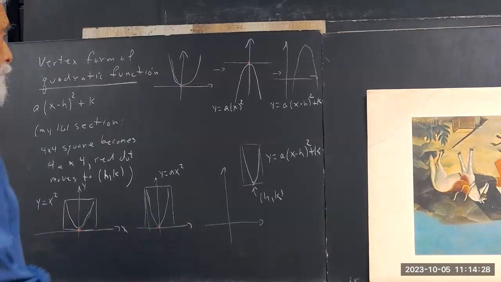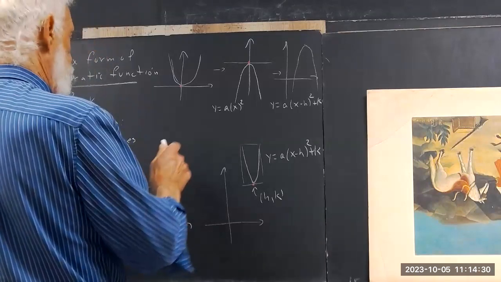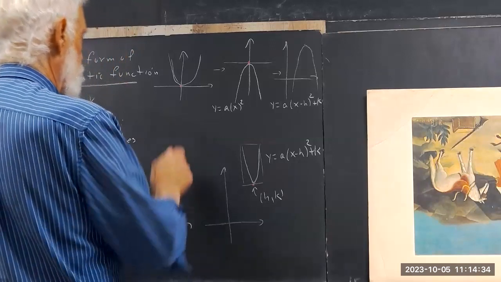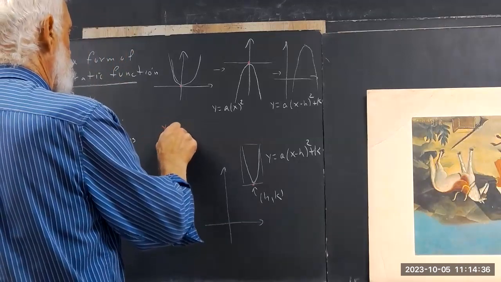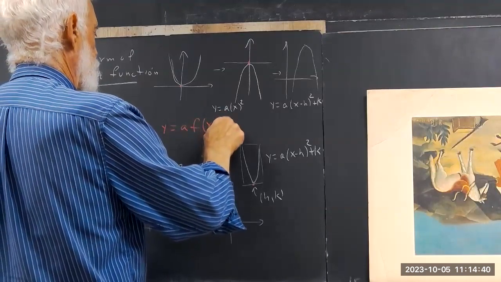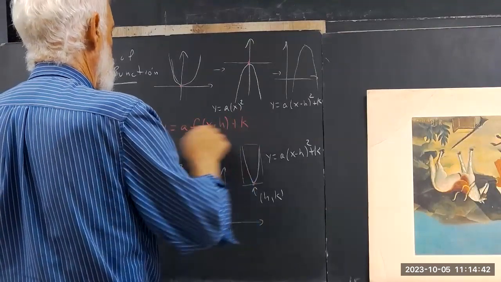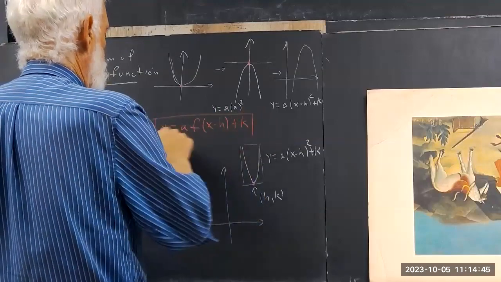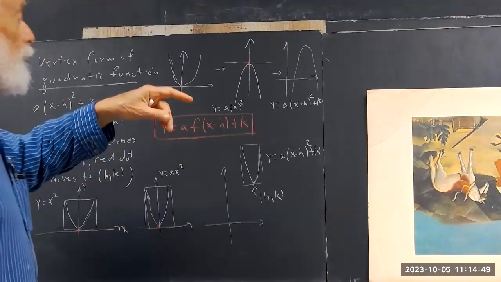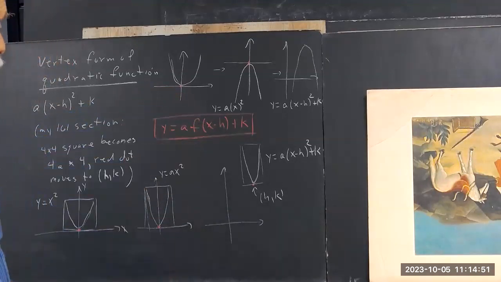And also the idea that the transformed function has this form. f of x is the squaring function.